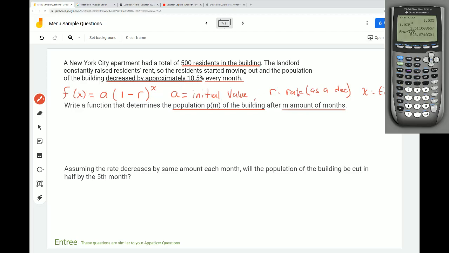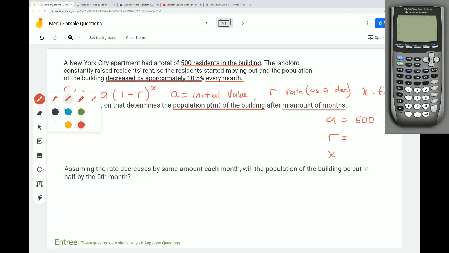So let's see if we could figure out a value for A, a value for R, and if there's a value for X. So A represents our initial value. There were 500 residents in the building at the beginning, so our initial value is 500. R is going to be a percent that we want to take out of a percent.